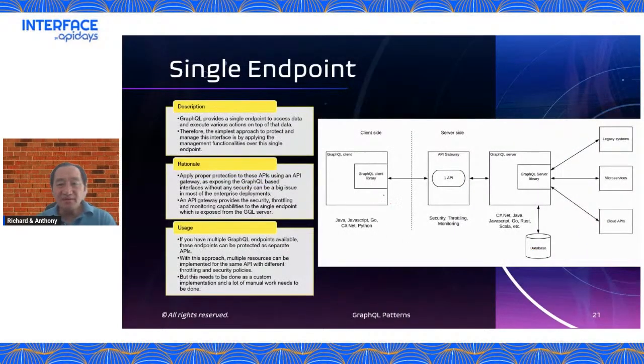Now the next pattern is called a single endpoint. Now we look at the right side. This is exactly the same as the last pattern, but those were for internal use. Because if a client request comes in, how do I authenticate this client? How do I entitle this client, for example, if you want to call the mainframe, or you want to call my SQL database, or what have you, right?